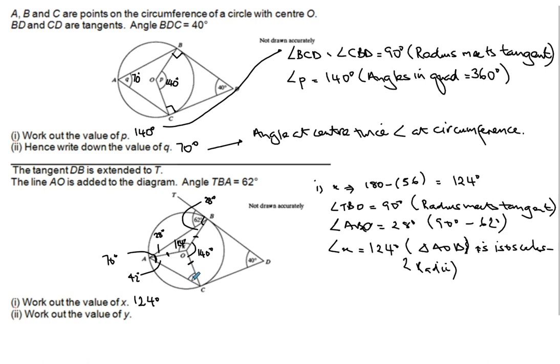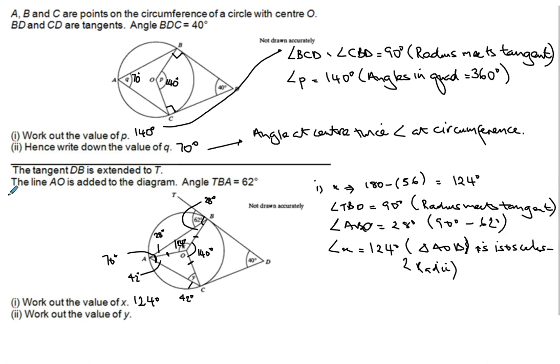So that means that's going to be 42. And then again, please do your explanations. So then you have to say that this angle is 42 because the 70 minus 28.